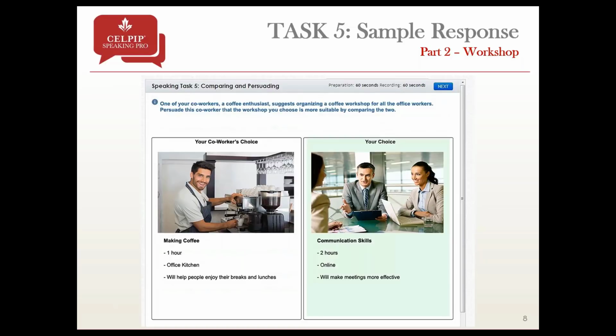It will be also online, so I think it's more fun to have some stuff online because most of the people like to go online and use the internet to do the workshop. If we see that 2 hours, 2 hours doing online workshop, personally I think it's a very good idea and it's convenient for most of the stuff. This will make the meeting more effective for everybody, and as we said, it will be more productive.